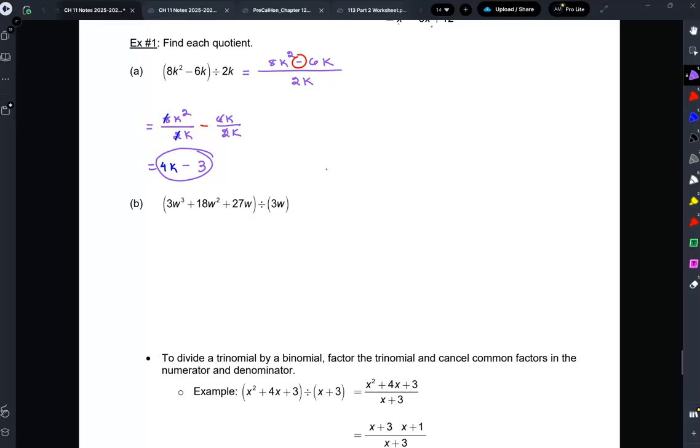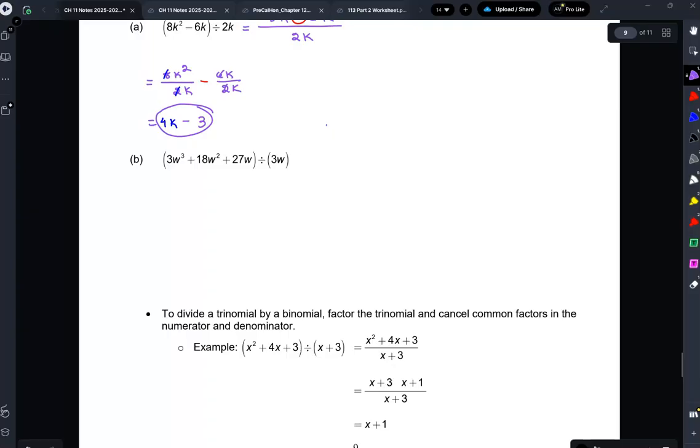Okay. Now, here too, the first thing I do, I have a division sign, is I'm going to do one thing over another. So 3w cubed plus 18w squared plus 27w over 3w. So again, I have many terms, 1 term. Okay?